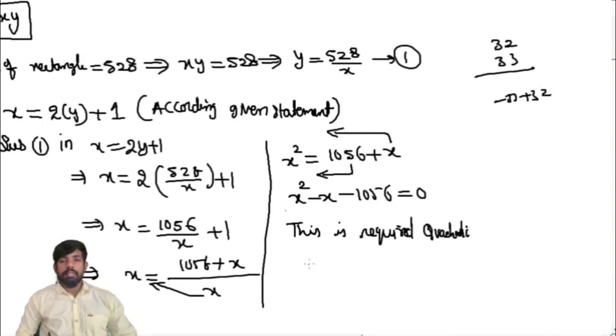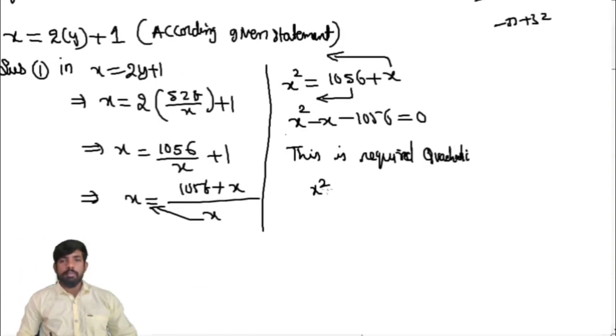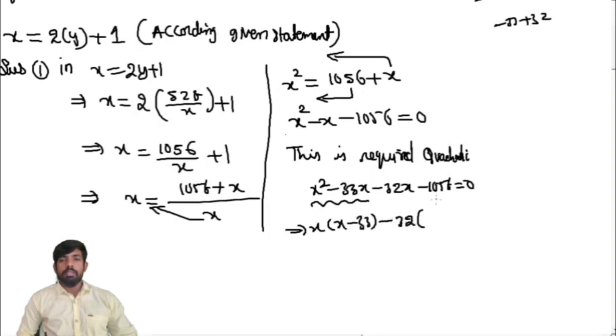In a similar way I am factorizing this. To solve it further, I am writing x² − 33x + 32x − 1056 = 0. If I take x common here, I get x(x − 33) plus 32 common, and this is plus.